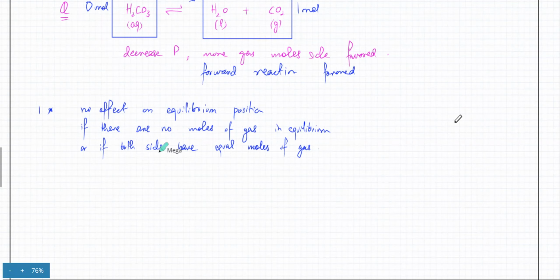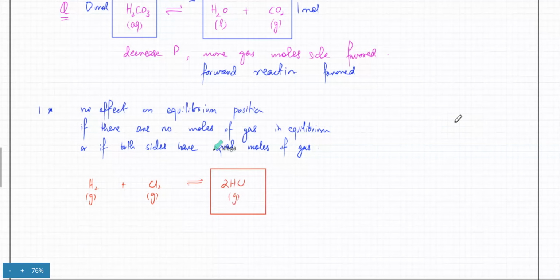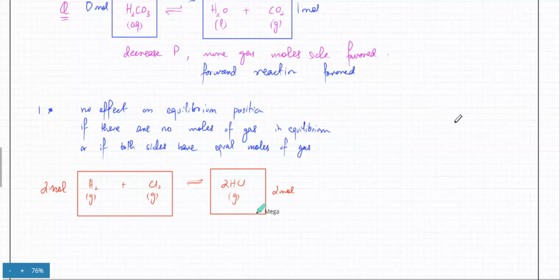One example is H2 gas reacting with Cl2 gas in equilibrium with HCl gas. All of them are gases, and if the reaction moves forward, it produces 2 moles of gas. If it moves backwards, it still produces 2 moles of gas. So the equilibrium is not going to shift, because if you're compressing, it doesn't really matter. It's going to remain wherever it is, because shifting sides would have no effect on the pressure.